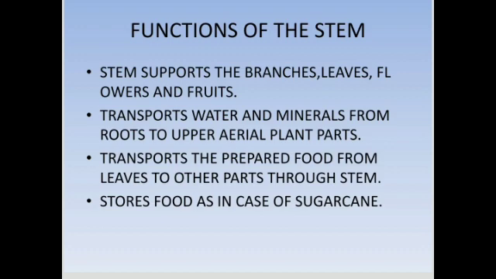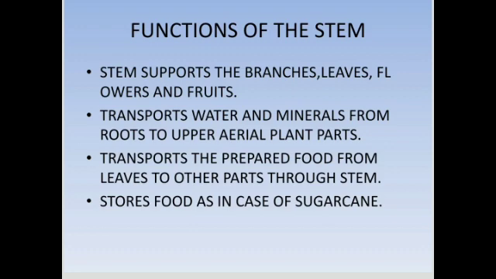Let me see the functions of the stem. The stem supports the branches, leaves, flowers and fruits. It is the main support. And the stem transports water and minerals from the roots to upper aerial plant parts because the roots absorb water and minerals from the soil.